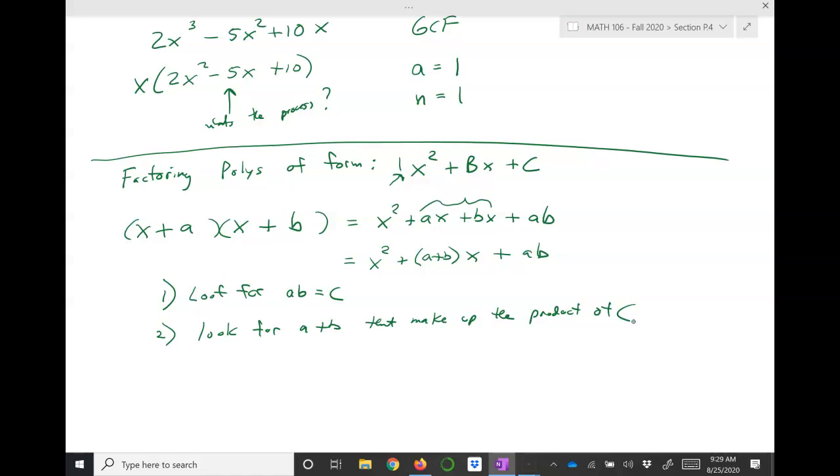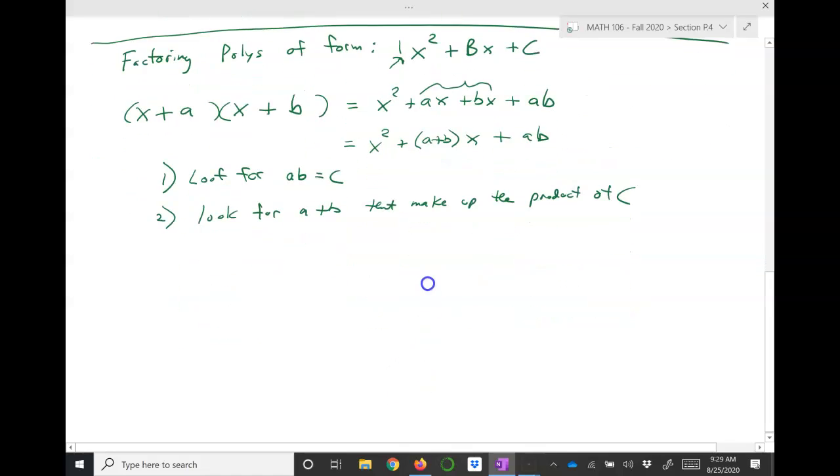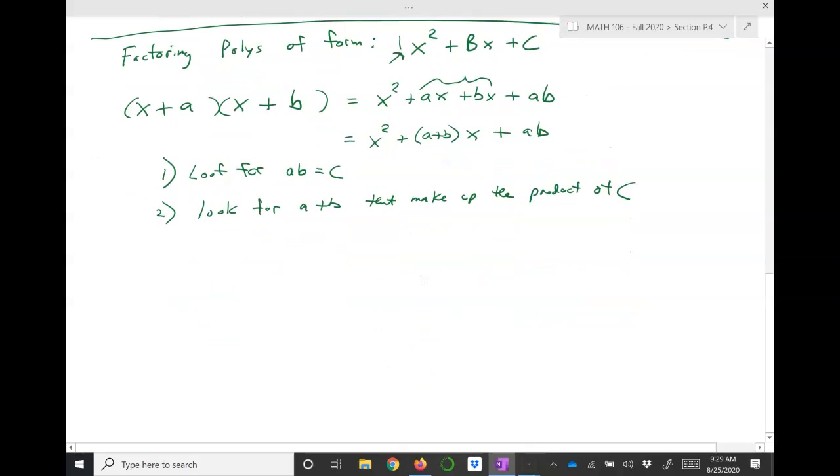Okay, so let's do an example, and I'll walk you through these steps. We'll do a very simple one here. So here's a quadratic trinomial, three terms: x squared minus 6x minus 16. Okay. All right, so c in this problem is 16. So we want to try to find a and b.